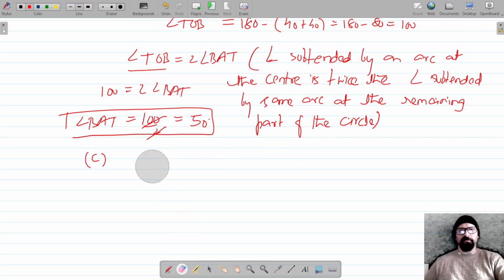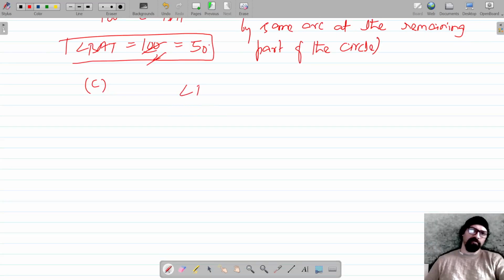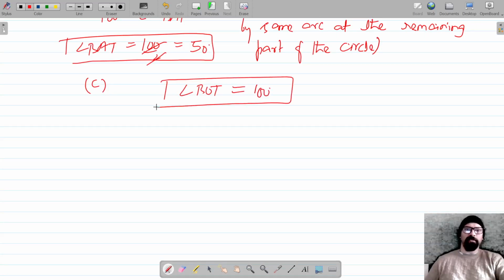We have already got the angle BOT or TOB, which is 100 degrees. So angle BOT is 100 degrees. We have already got that. So C is done. Now D, we have to find angle ABT.